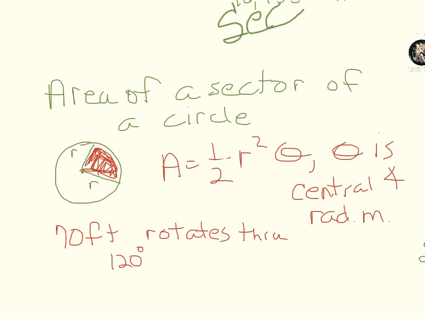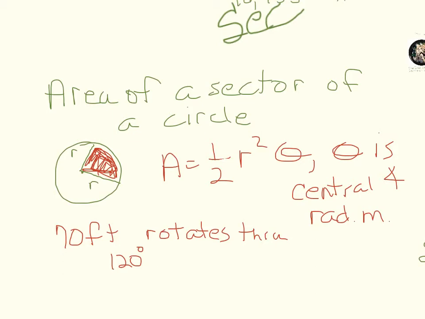If it sprays 70 feet, that's going to be the radius of our circle. 120 degrees would be about like that, so it's going to go like this and back.